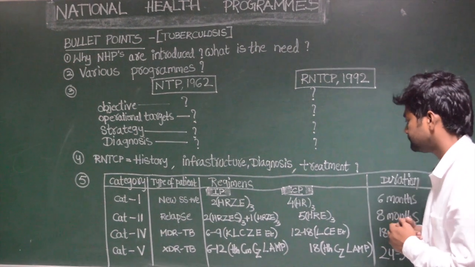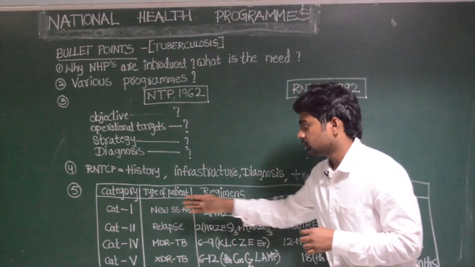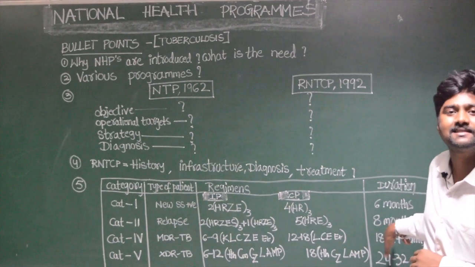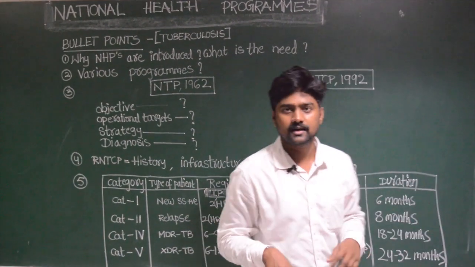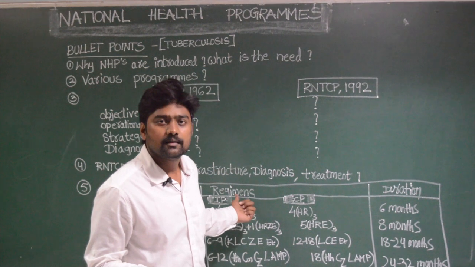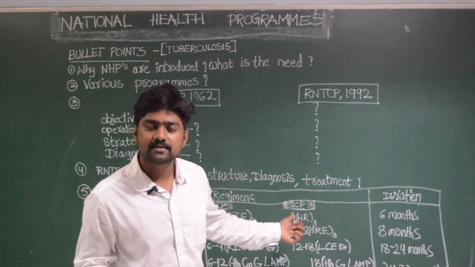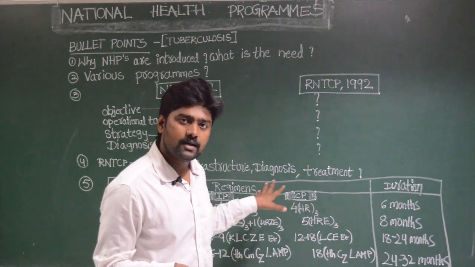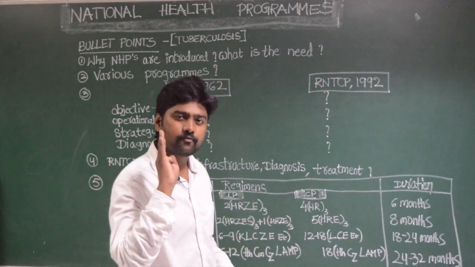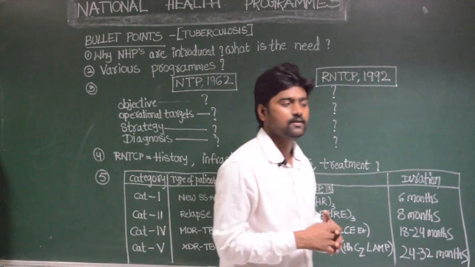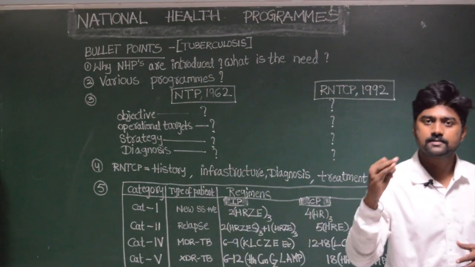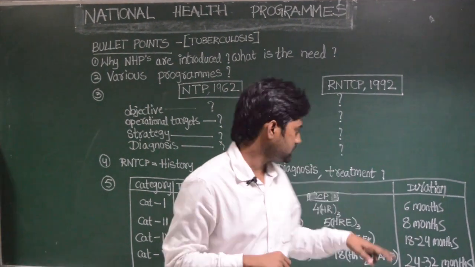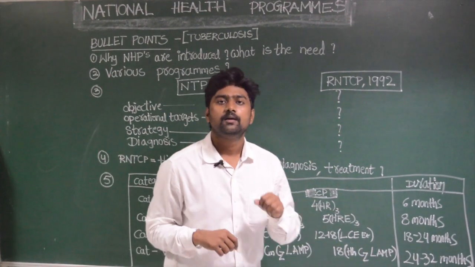Now, in case of category 1, the total duration of the treatment will be 6 months, whereas 2 months in the initial phase, 4 months in the continuation phase. In the initial phase, there are 4 drugs that we generally give: isoniazid, rifampicin, ethambutol, and pyrazinamide, which is referred to as Z over here.